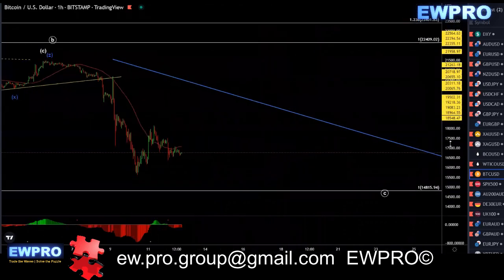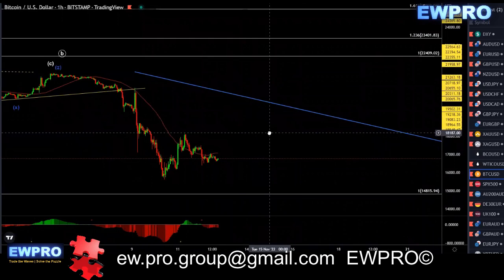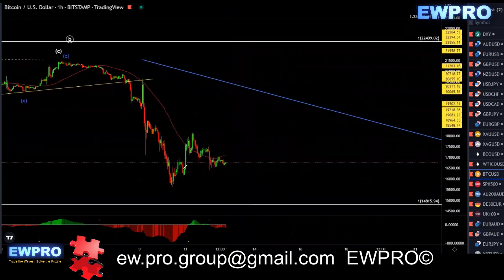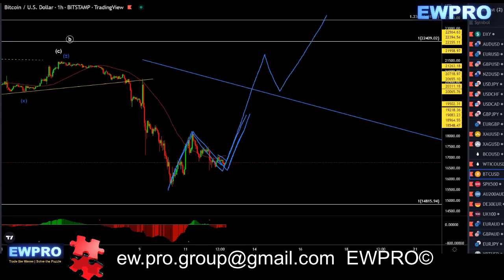It is sort of starting to give you, it's not the best looking, you could look for an A, B, C in here, but you'll only be looking for it as a wave C and not as much as a reversal. But if you do get a little bullish setup in here, you don't want to miss it, because it may turn motive like a WXY, X2 and a Z up.